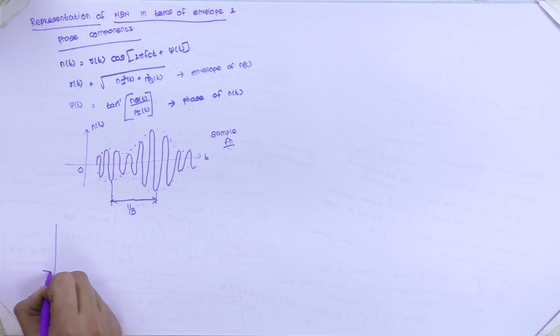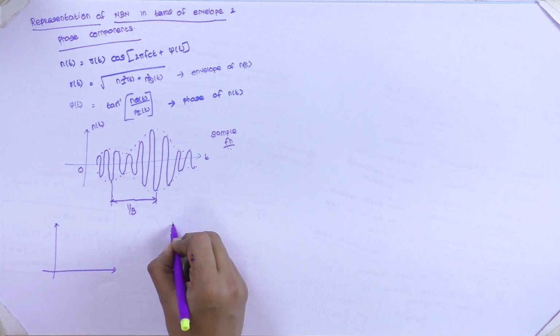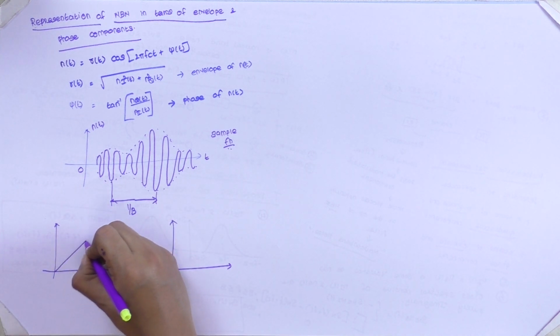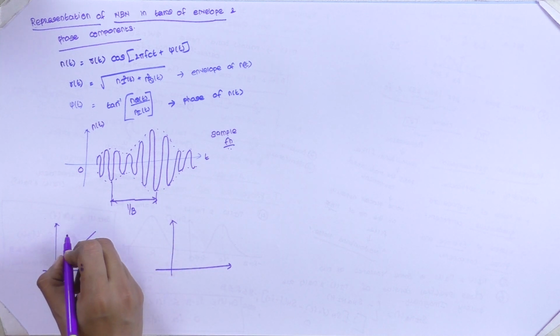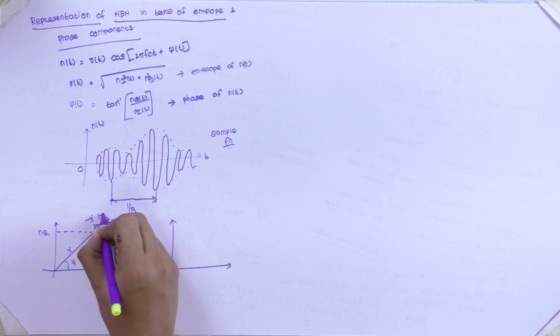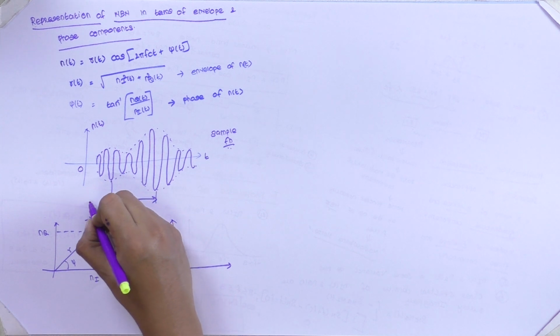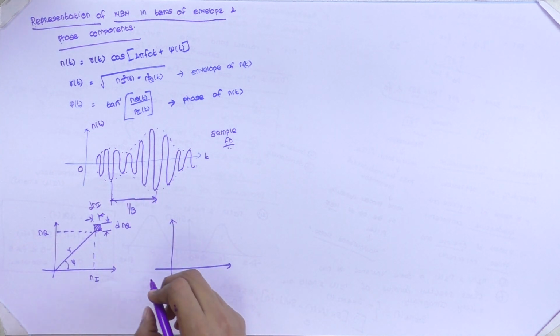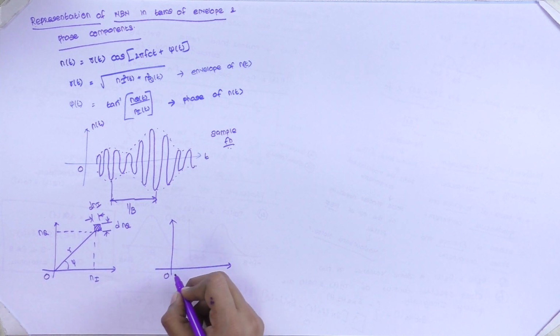Another representation for the in-phase and quadrature components and the envelope and phase components is in terms of the rectangular and polar coordinate system. This incremental element is dni and this is dnq with respect to the origin.